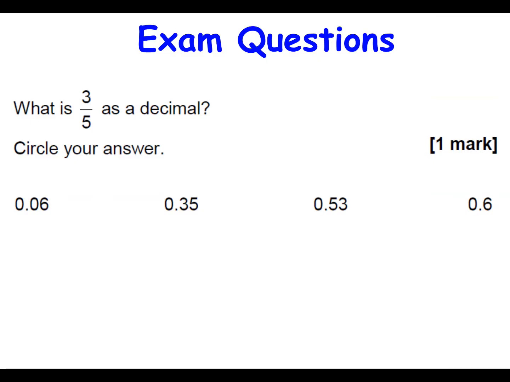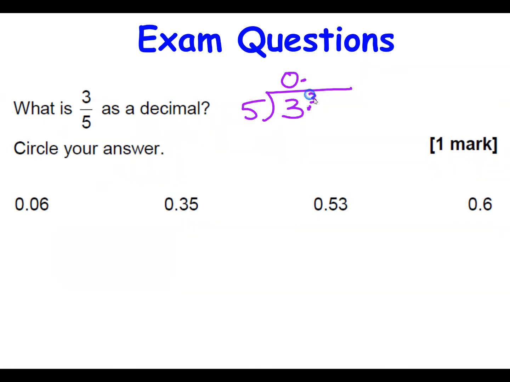Now let's look at an exam style question. It's asking us what is 3/5 as a decimal, and we need to circle our answer. Now we know this relationship between a fraction and a decimal, we know that 3/5 means 3 divided by 5. And we know that 5 doesn't divide into 3, and that's where the whole numbers finish. So we put in our decimal place.